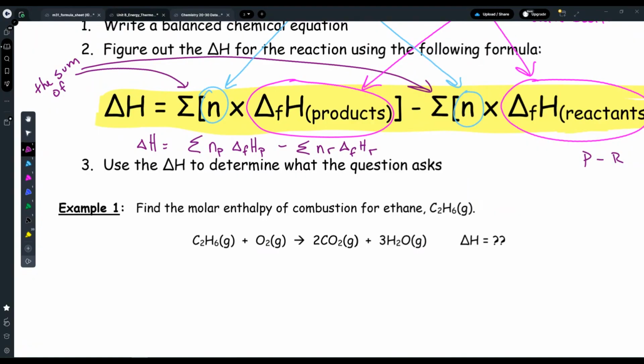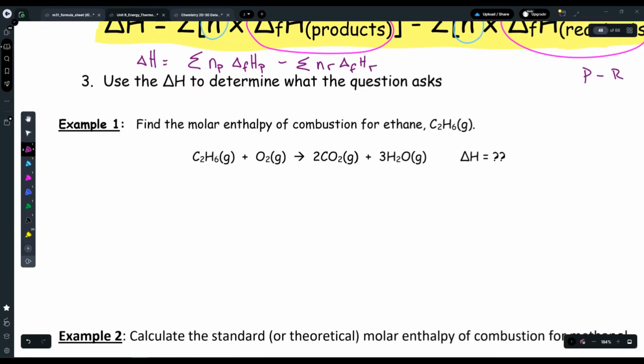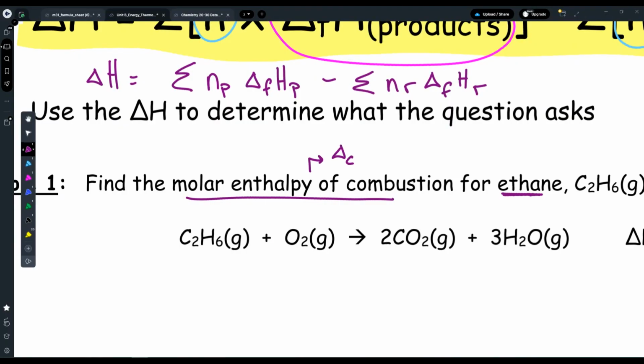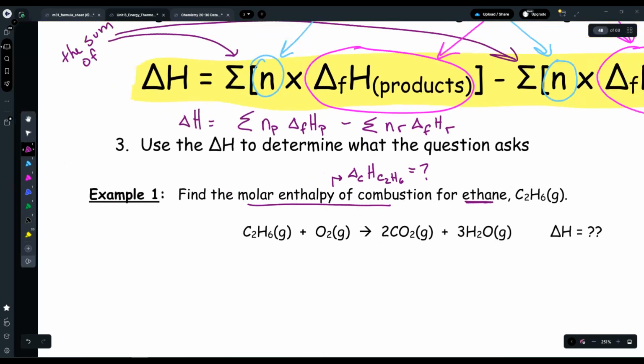So in our first example here, we're asked to find the molar enthalpy of combustion for ethane, which is C2H6. Molar enthalpy of combustion, so that's specifically for ethane. We don't know what that is.